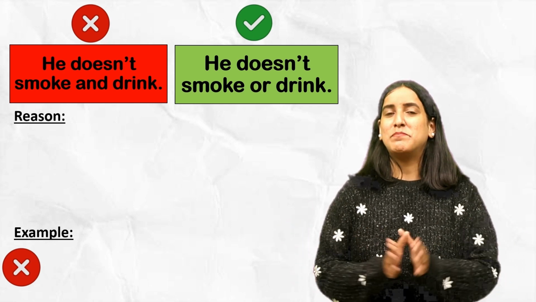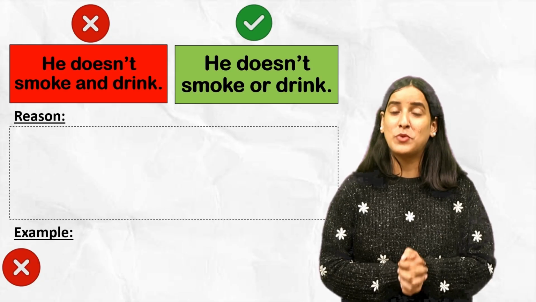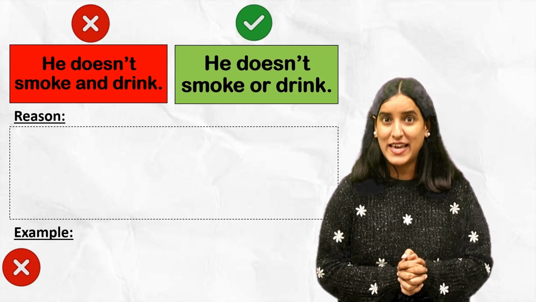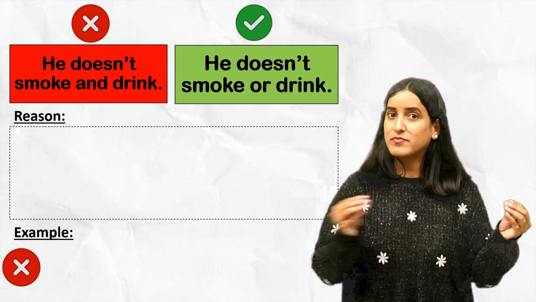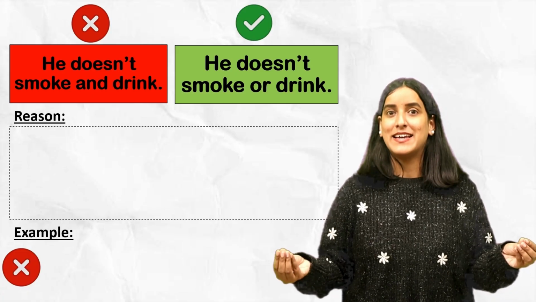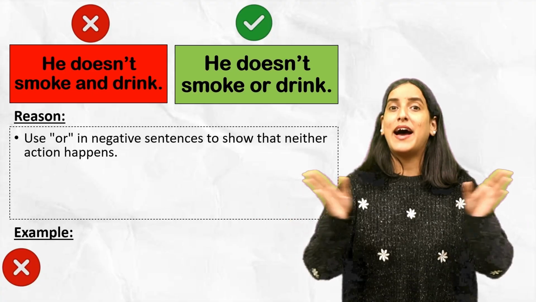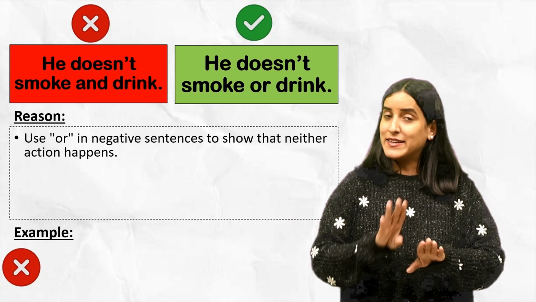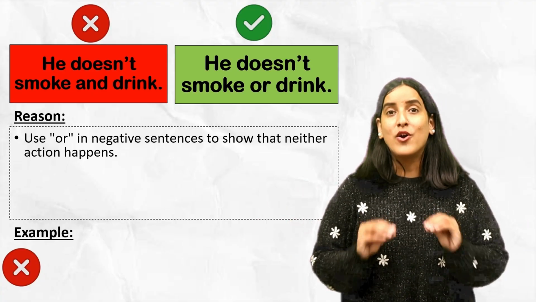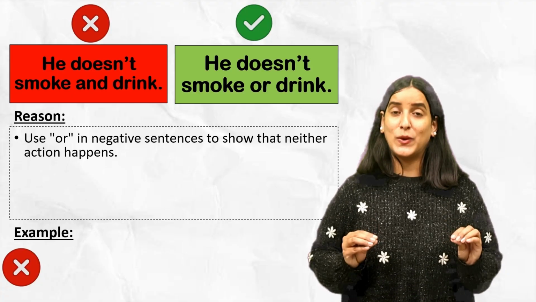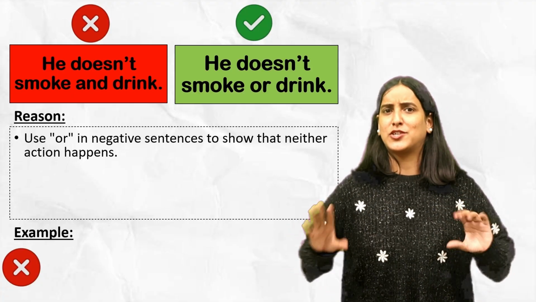Well, see, the simple reason being when we make negative sentences, okay, in English we use or instead of and. Why do we do that? We do it to connect two actions or ideas. Okay, now this is because or is the correct conjunction to indicate that neither of the two actions happen.